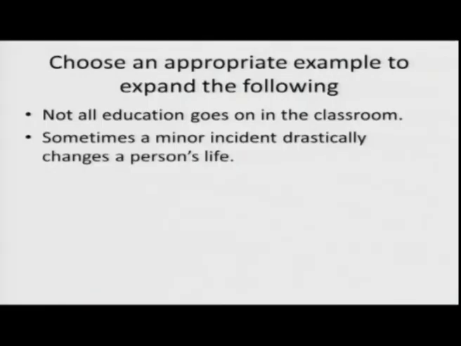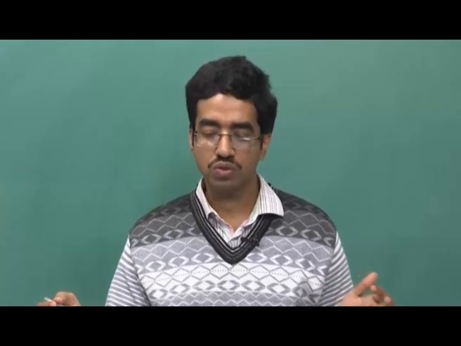Now you can choose one of these topics and attempt to choose an appropriate example. The first one is, not all education goes on in the classroom. What do you think would be an appropriate example? You can take it from your own life or from people you know. You can say that we learn many things from our friends, by interacting with others, the outside world.